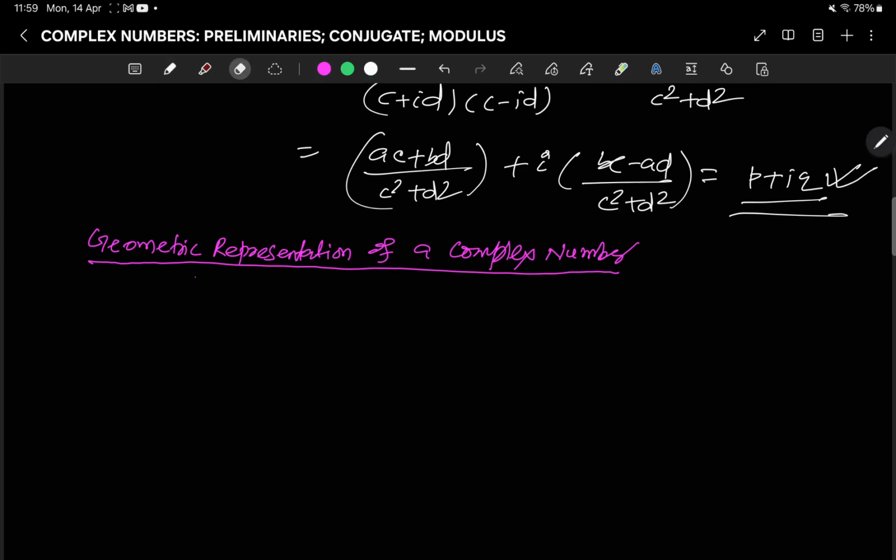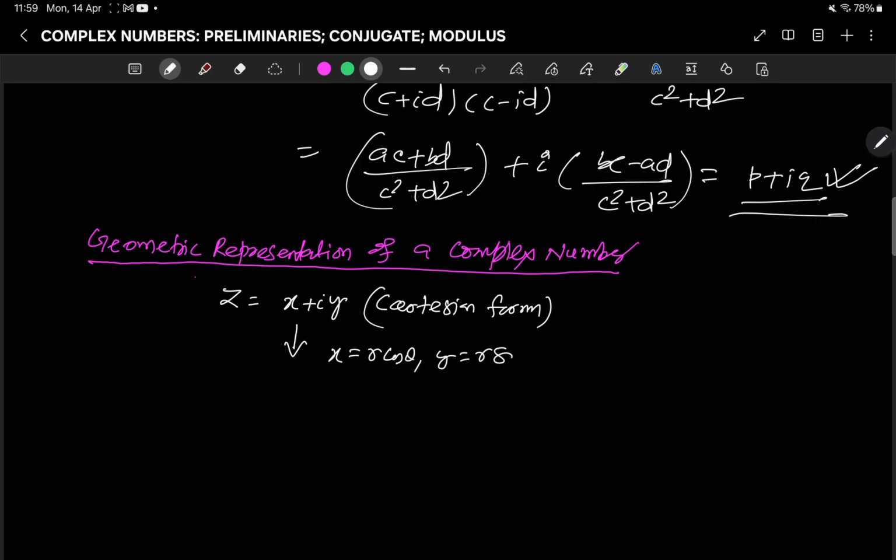Now let us see the geometric representation of a complex number. As you know, here z is equal to x plus iy. It is in Cartesian form. Now if I put x is equal to r cos theta, y is equal to r sin theta, and Euler's formula e to the power i theta is cos theta plus i sin theta, then you will be able to write z is equal to r into e to the power i theta.